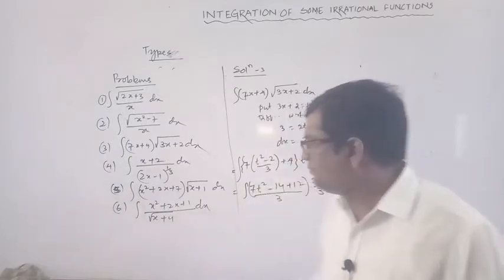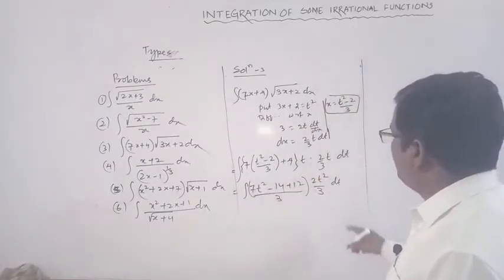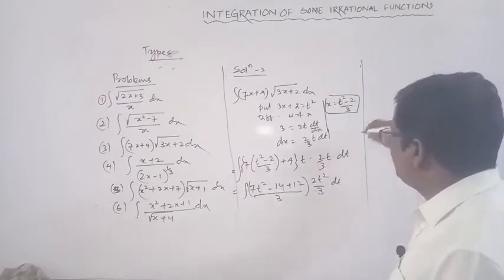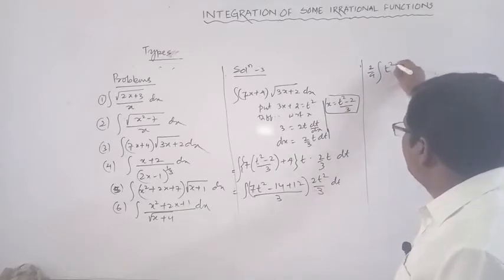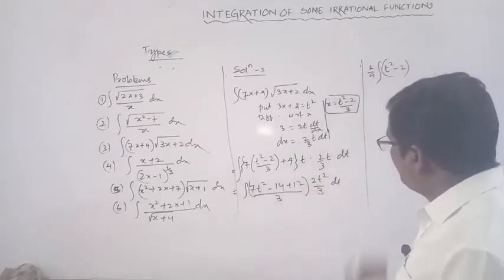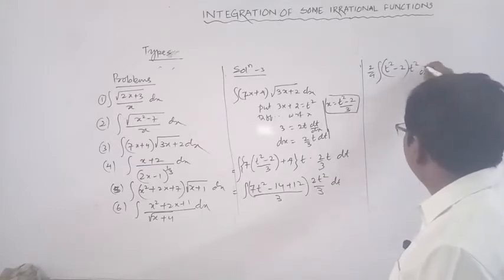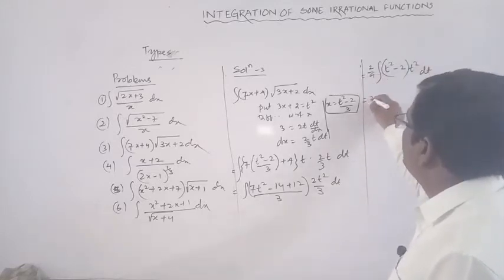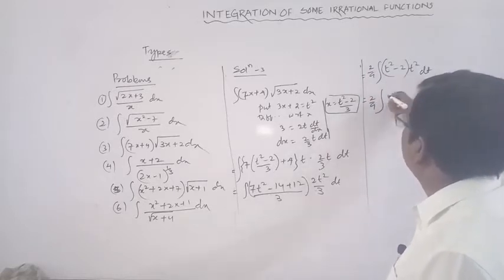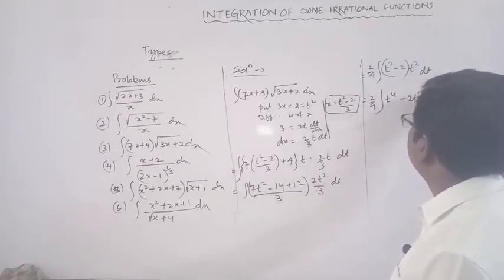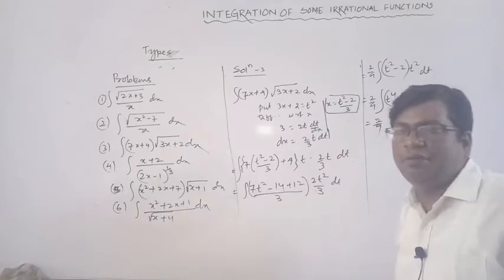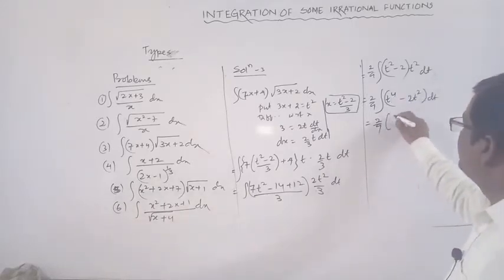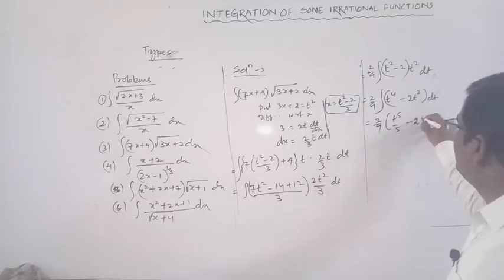That is equal to 2 by 3 into 1 by 3, that is 2 by 9, and (t² − 2) into t² dt, that is 2 by 9 integration of (t⁴ − 2t²) dt. So 2 by 9, what is the integration of t⁴? That is t⁵ by 5 minus 2 into t³ by 3 plus c.